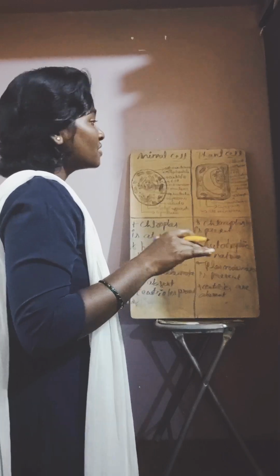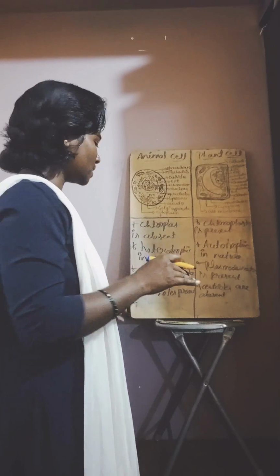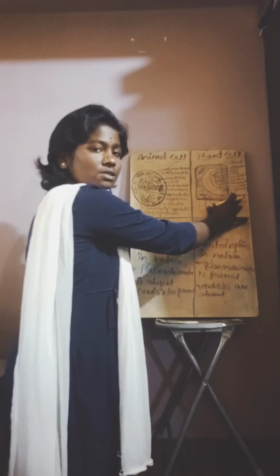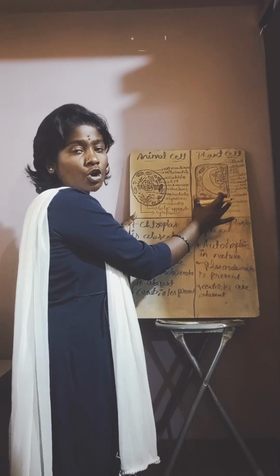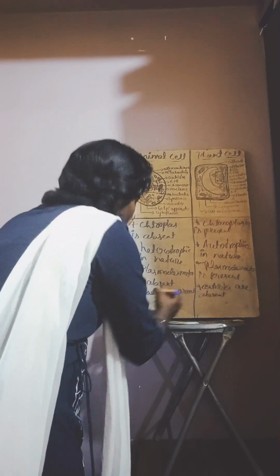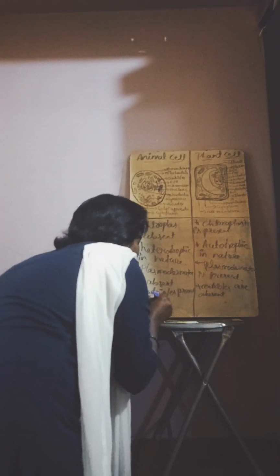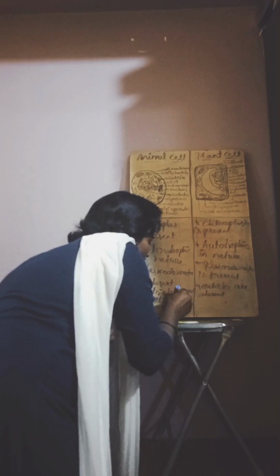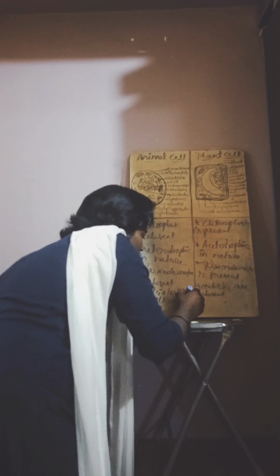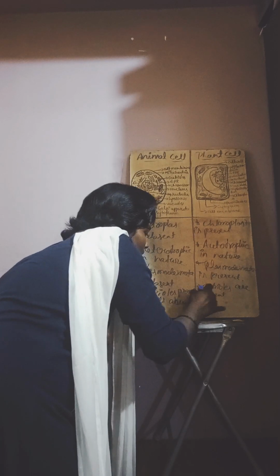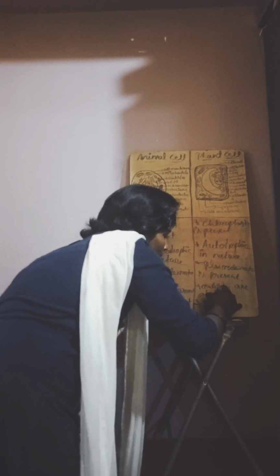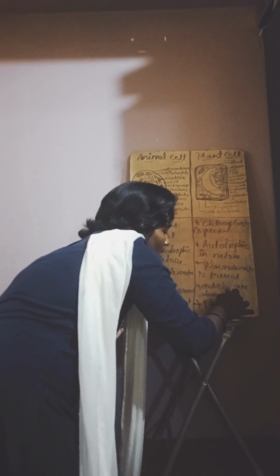That is the difference between plastid and plasmid. Here we can observe in plant cells only plastids, not plasmids. In animal cells plastids are absent; in plant cells plastids are present.